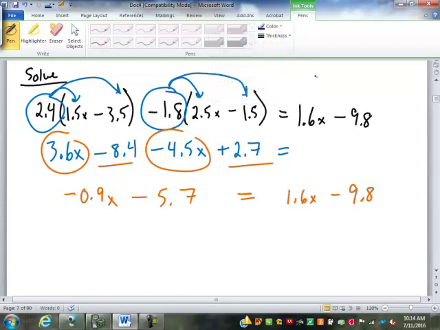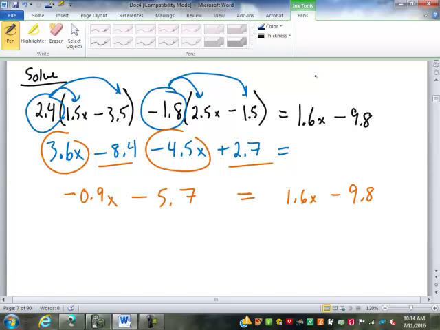Now what? I'm going to stop there. Any questions so far? Okay, now what do we have to do? There's x's on each side. I have to get rid of one.